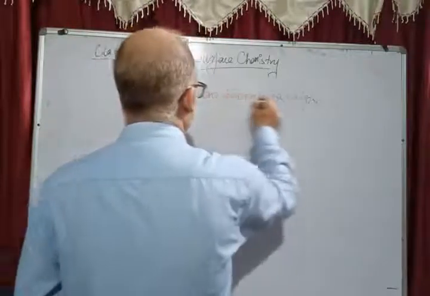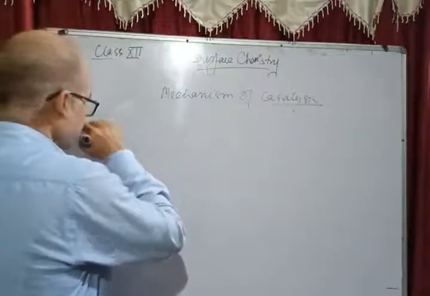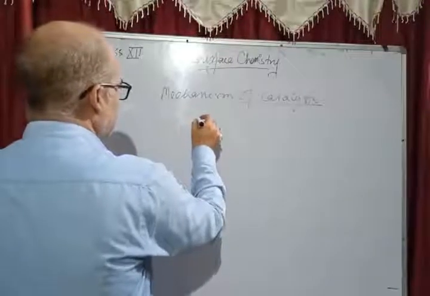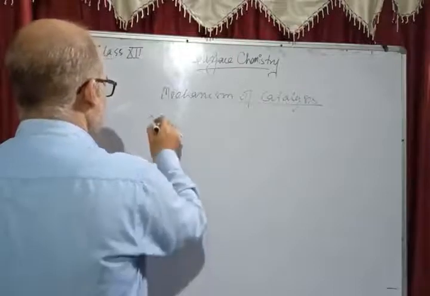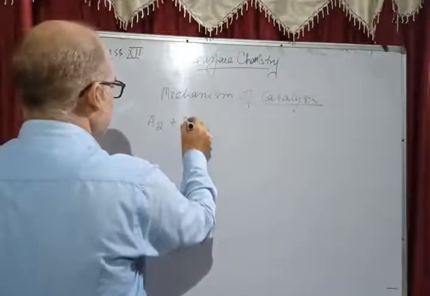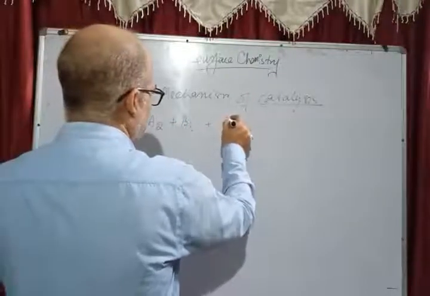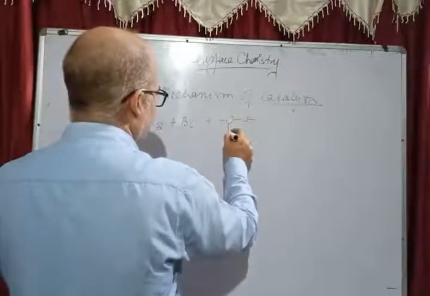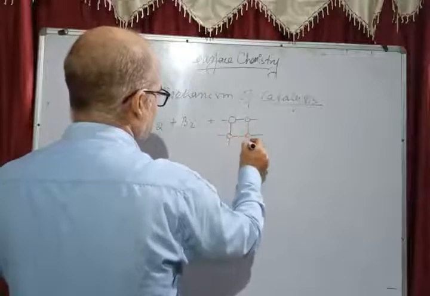What is the mechanism? Suppose this is the reactant A2 plus B2, and this one is the catalyst, because they have some special type of structure.